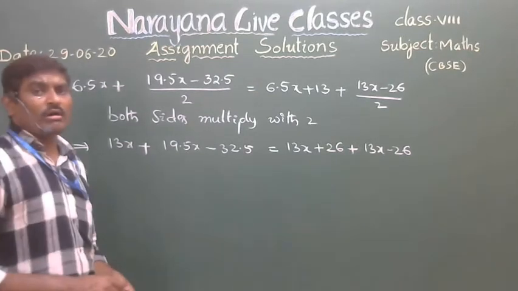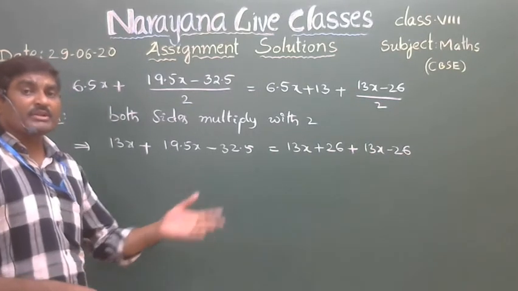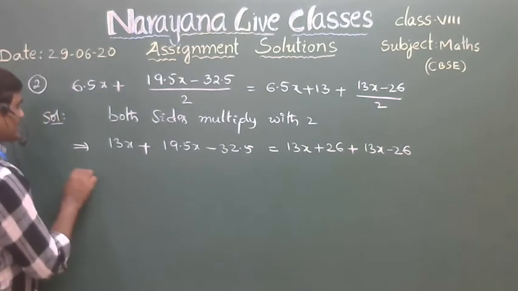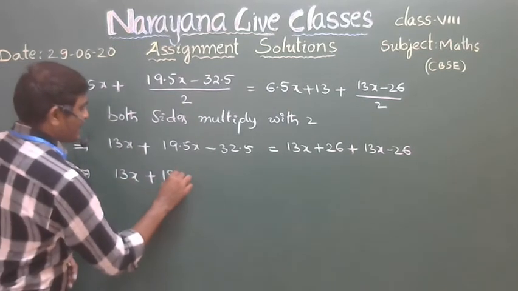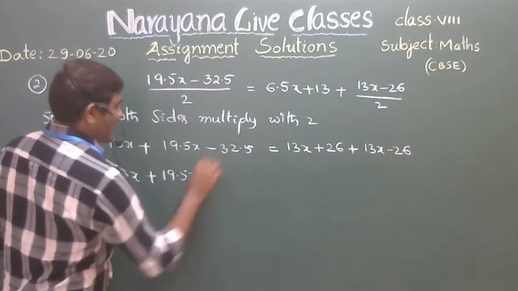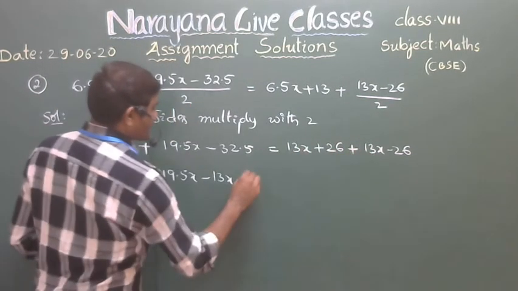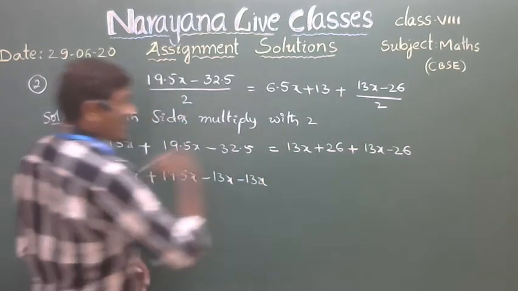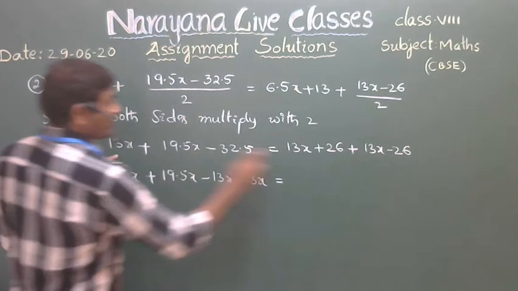Now what I will do: all the variables will be transferred to one side and constants to the other side. Which gives you 13x plus 19.5x, this minus 13x, and we also have one more 13x, that is minus 13x because we transfer it to the left side. So these are the variable terms, 1, 2, 3, 4.